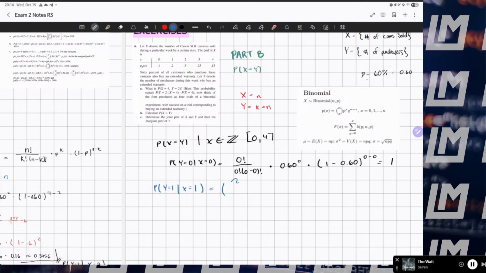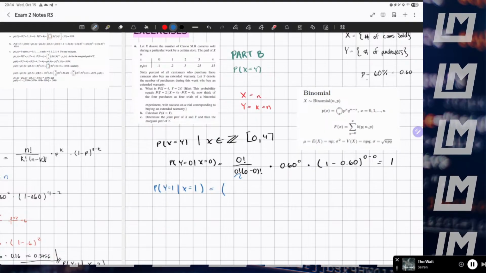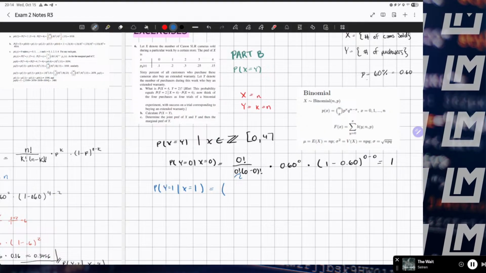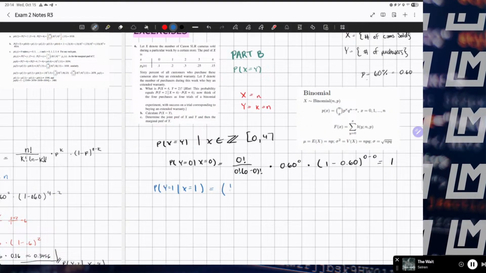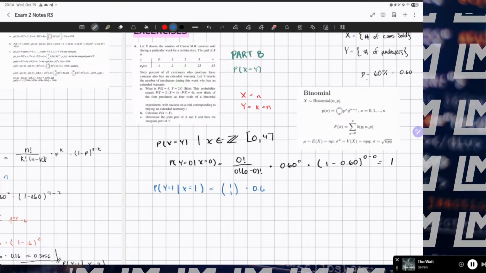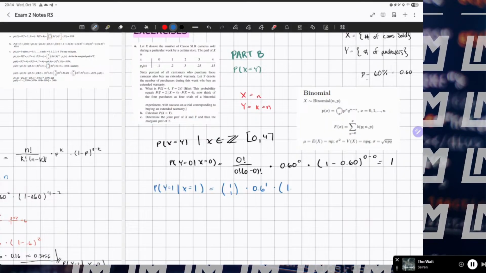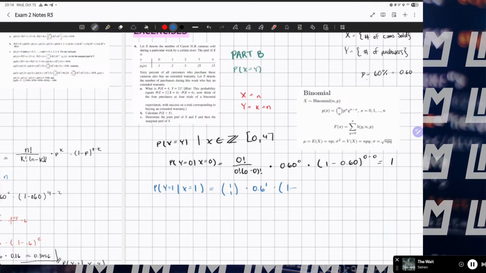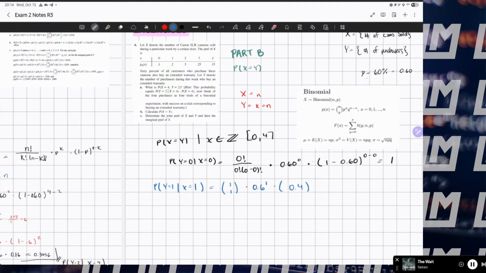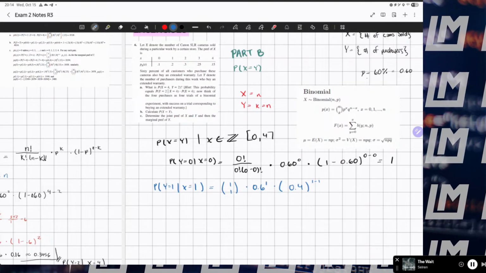So given that, it's literally just putting 1 over 1. We're gonna be finding that combination times 0.6 to the power of 1 times the complement of p, which I'm just gonna write as 0.4 because we already know that by now. 0.4 to the power of 1 minus 1, which is just 0 again.